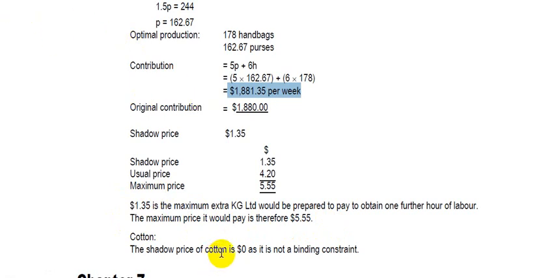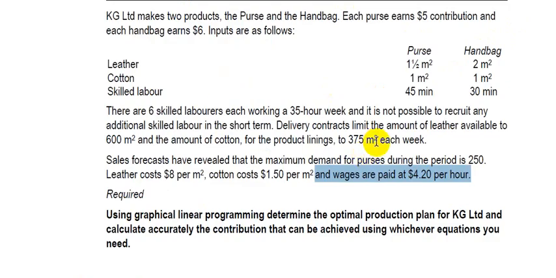Did we utilize all the cotton? The amount of cotton available was 375.